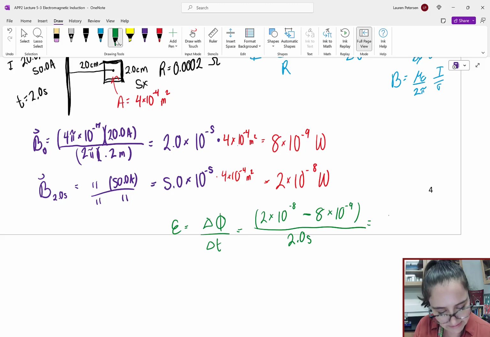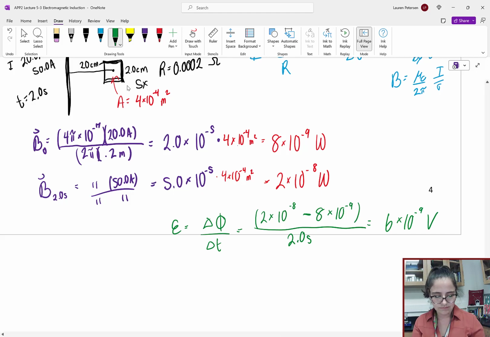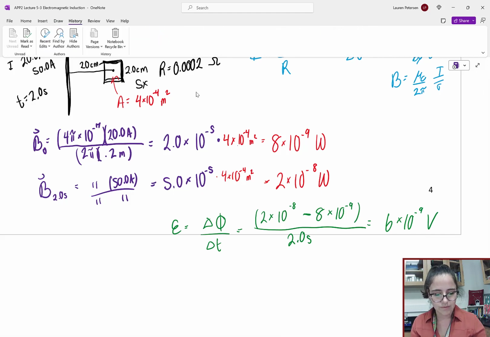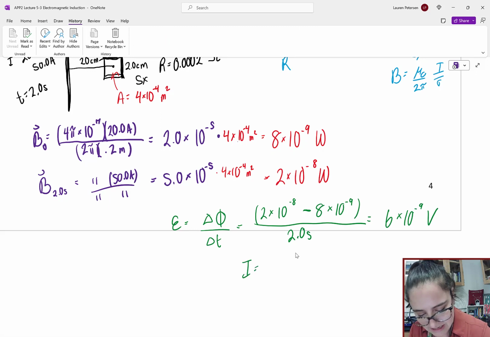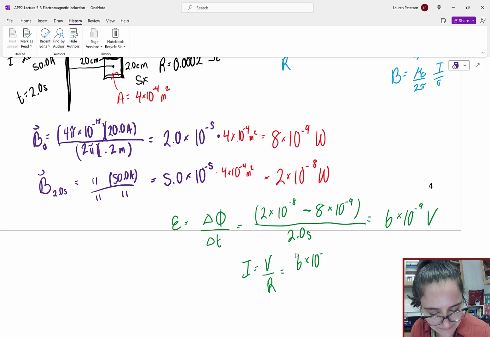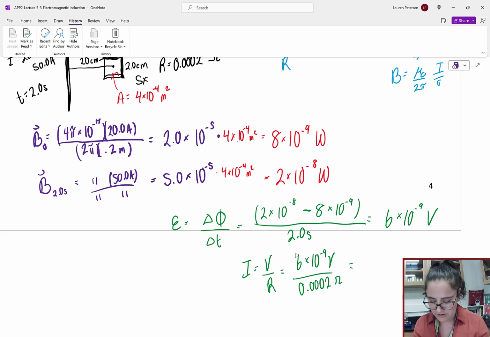Gives us 6 times 10 to the negative 9 volts. Okay, and then we can plug that into our current. Current equals voltage over resistance. So we got 6 times 10 to the negative 9 volts divided by 0.0002 ohms to give us 3 times 10 to the negative 5th amps.